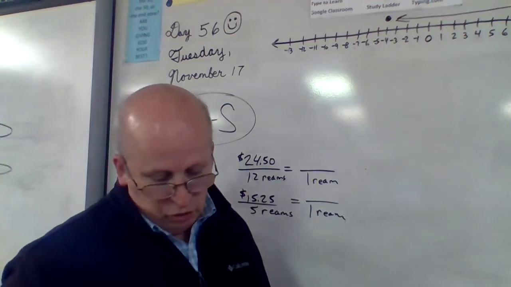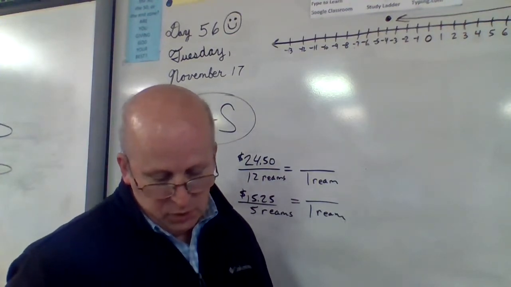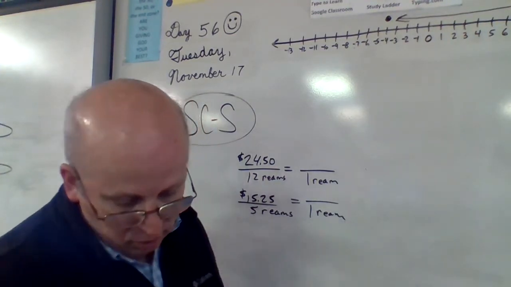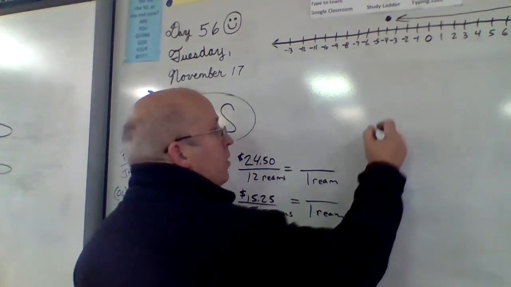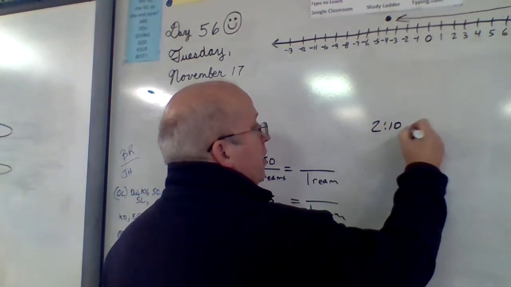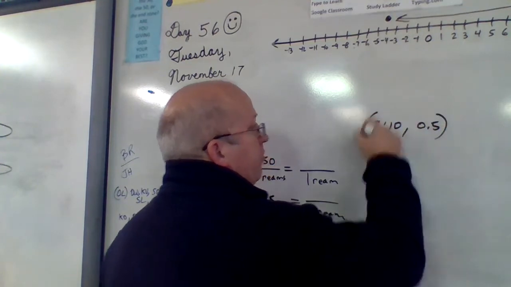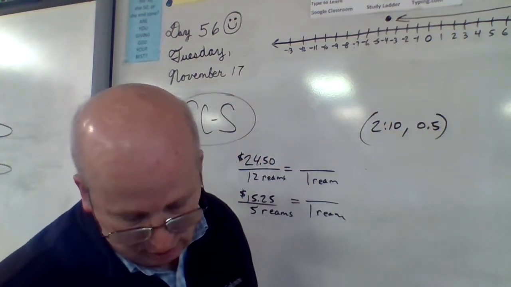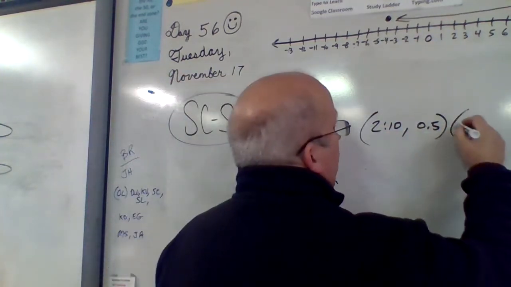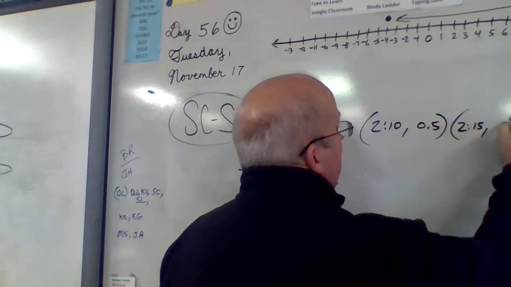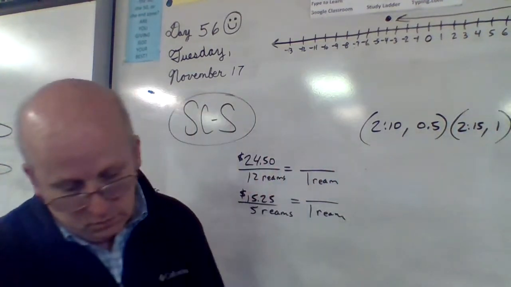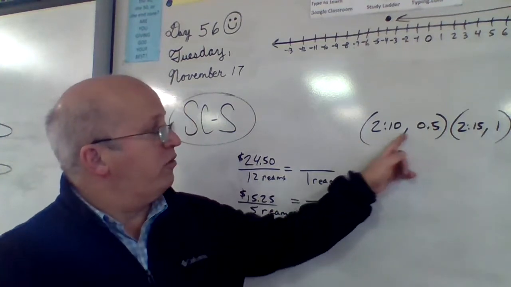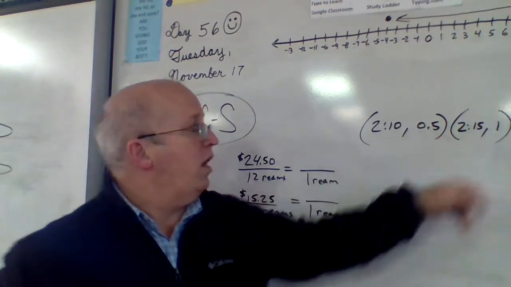I picked those 2 ordered pairs that they gave you there. At 2:10, the ordered pair is 2:10, 0.5. And at 2:15, the ordered pair is 2:15, 1. Now remember, this is our x value, this is our y value.